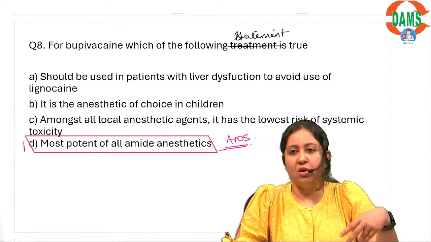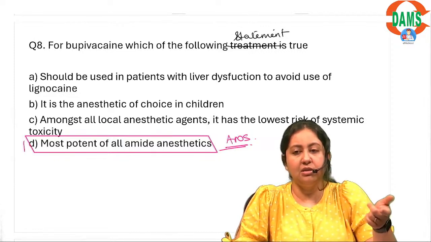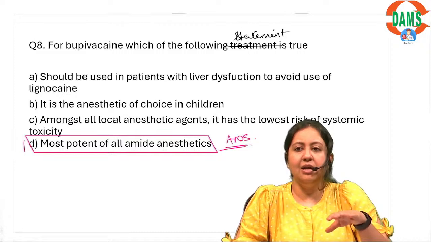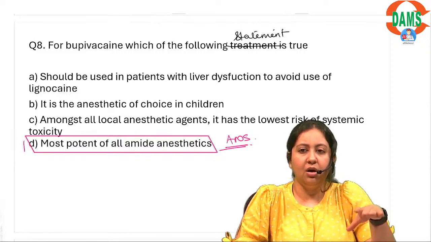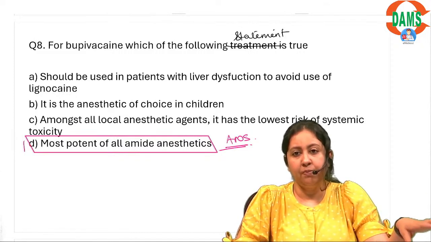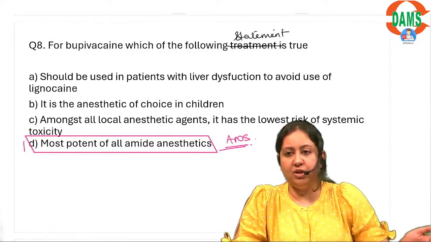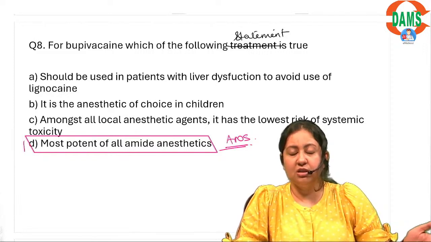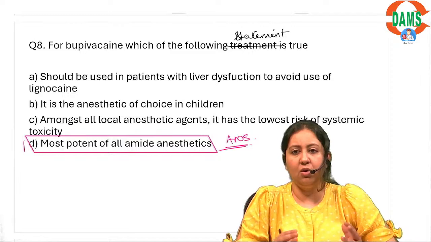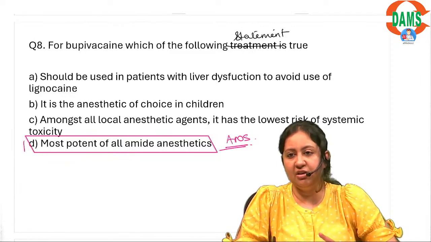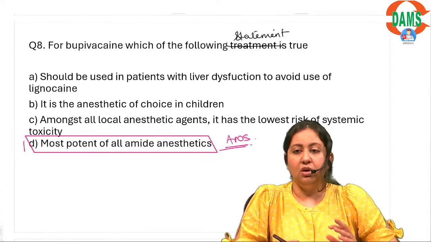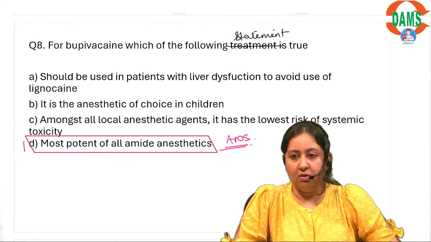If it's not resolving, then maybe arthrocentesis. What you're supposed to do depends on the clinical presentation of the patient: how restricted is the mouth opening, whether the patient is able to have some mouth opening or whether it is completely restricted. So a series of measures are taken.